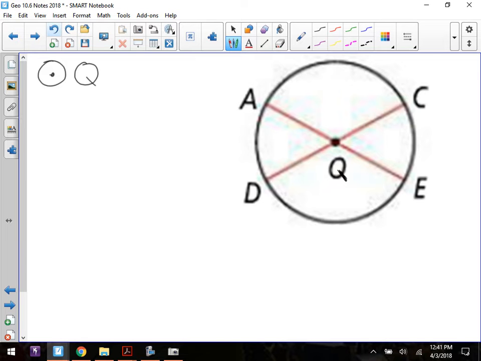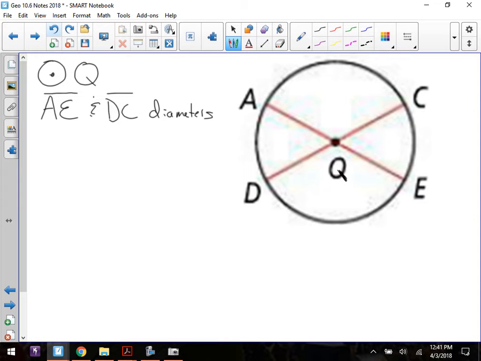Then I want you to draw in segments AE and DC. We're going to call them diameters. Draw those in, and we're going to call those both diameters.